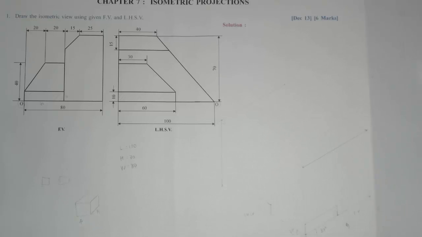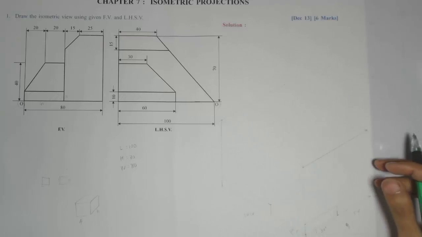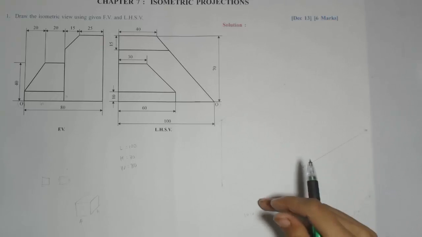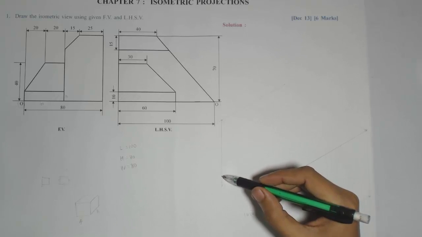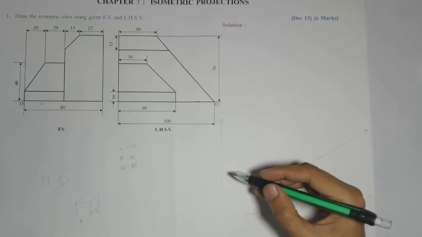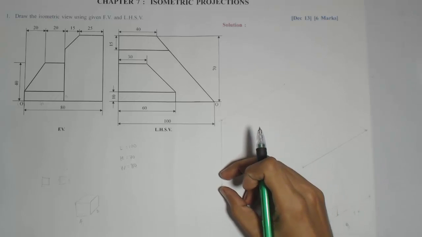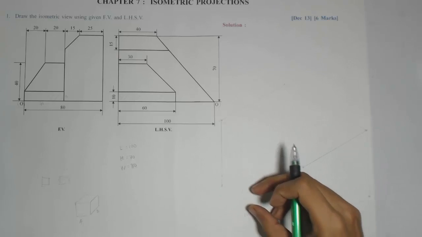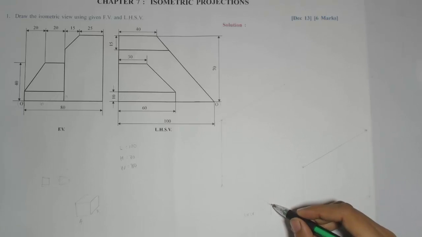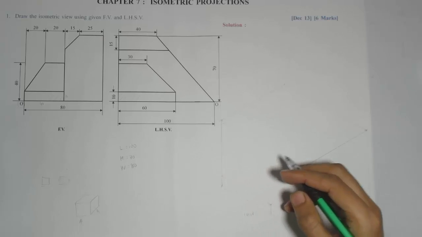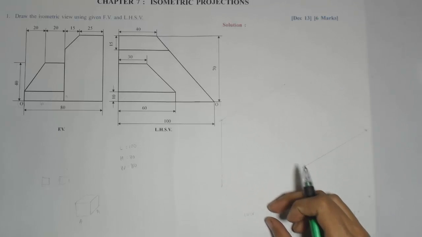Now how to get the three-dimensional view, that is the isometric view, using these two views? So the procedure is, whatever the number of corners here, if you see, the part is having 4 corners in this rectangle, and we have marked along the length this particular rectangle. As per my procedure, we should produce these corners now along the width, because we have already marked along the length.